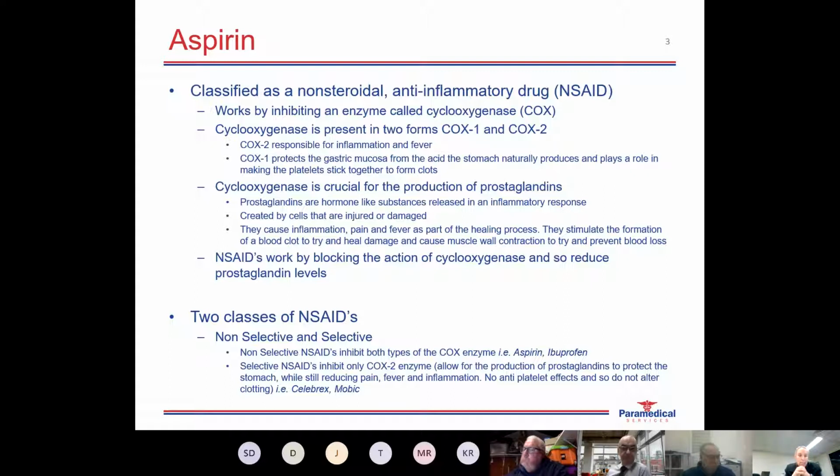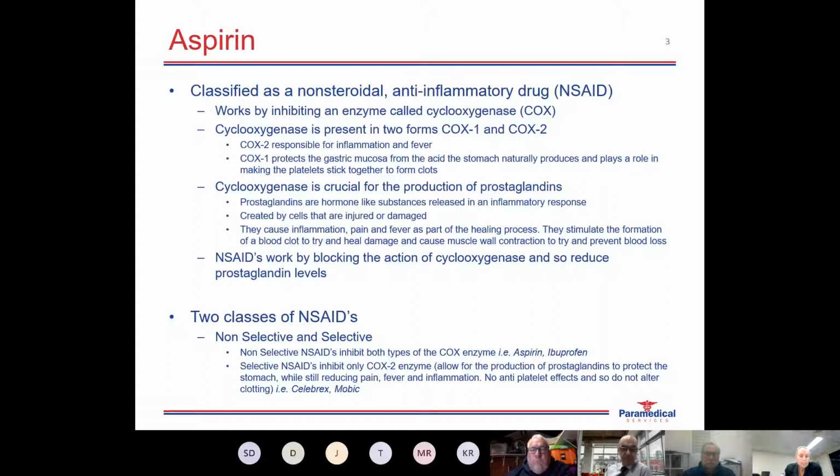So NSAIDs, or non-steroidal anti-inflammatory drugs, work by blocking the action of cyclooxygenase, and therefore they reduce prostaglandin levels at that site. There are two classes of NSAIDs: non-selective and selective.